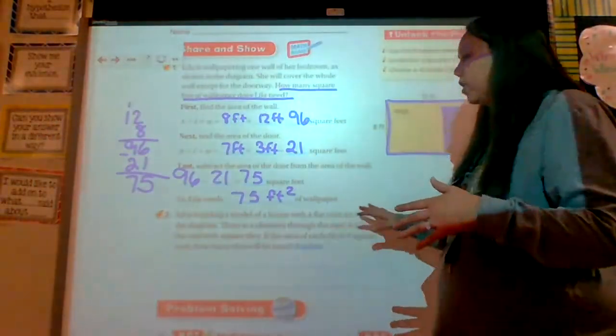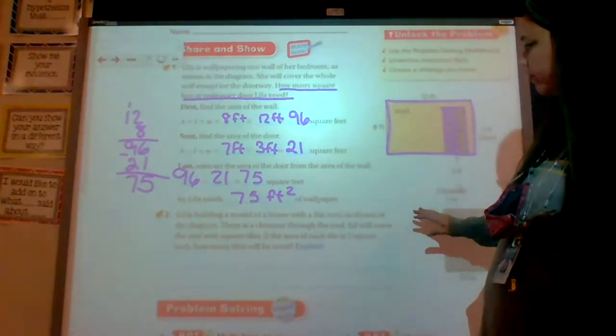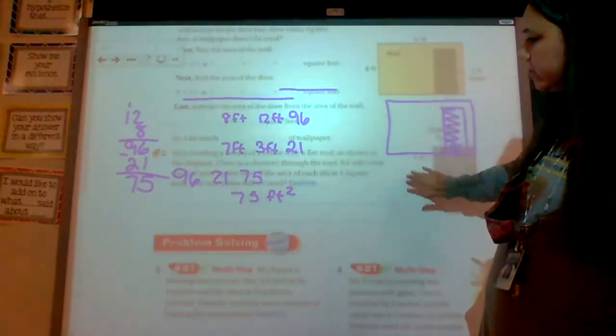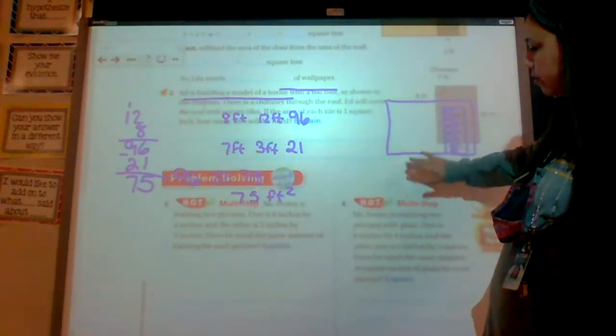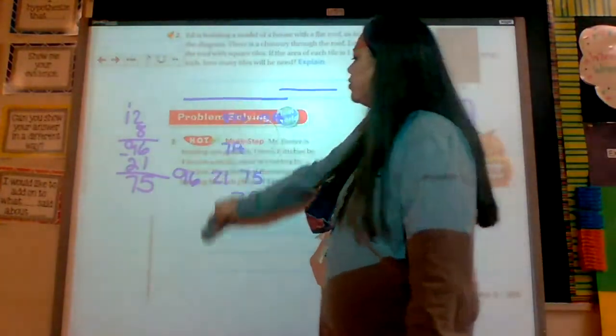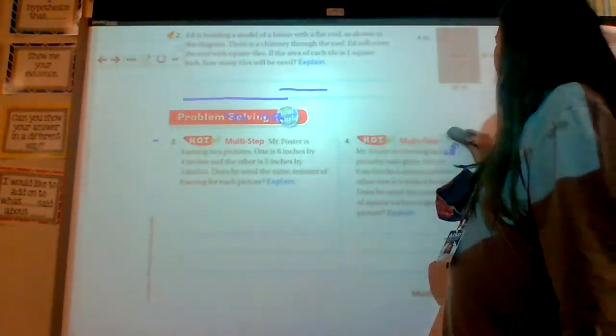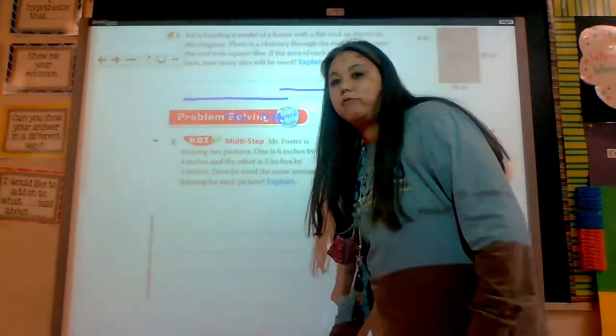Now, I'm going to put you at a table with your person, and you are going to work on solving 2, 3, and 4. And talk about them. Make sure you're using those good workshop words that we've talked about, that we talked to our friends about.